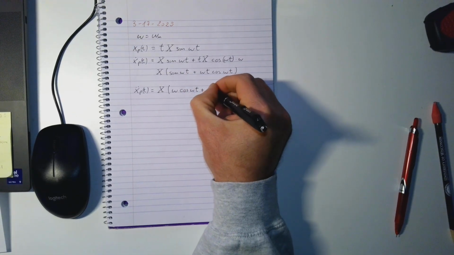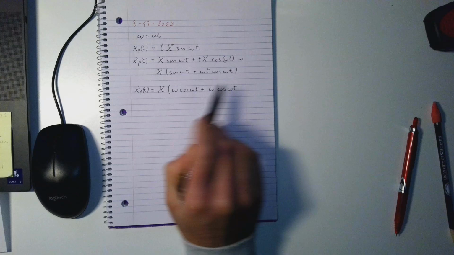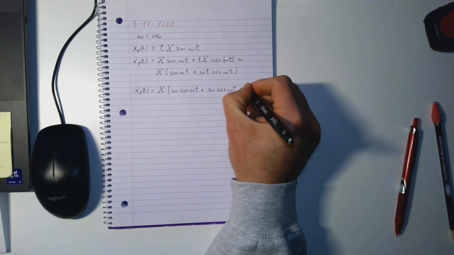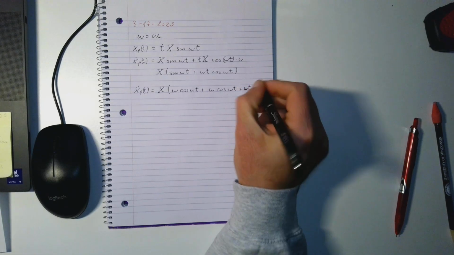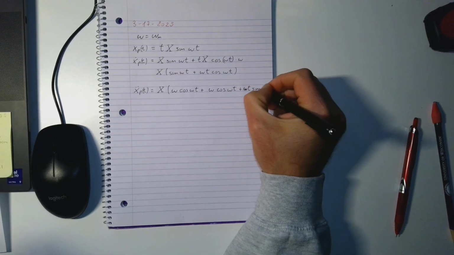So we have omega cosine of omega t, derivative of this one times this one, plus omega t sine of omega t.